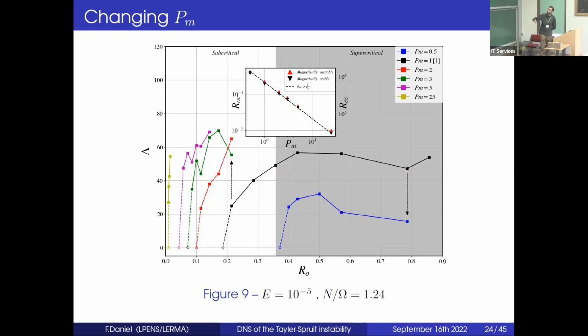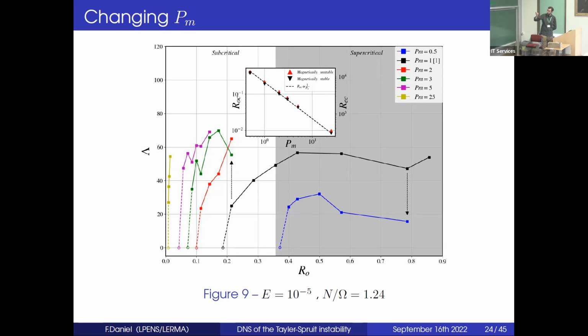We've got this collapse of points here, which seems to correspond to the fact that the critical Rayleigh number is proportional to the inverse of the magnetic Prandtl number. Here I've just dropped one point because I'm going towards a reduced model, which is going to work close to the threshold of instability, and this point was actually a bit far and introduced a different hydrodynamical state.